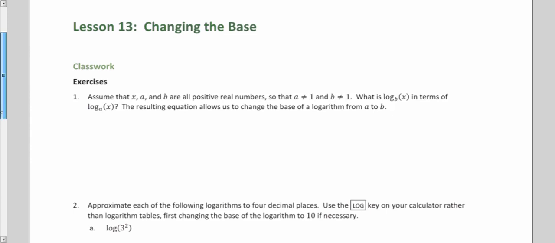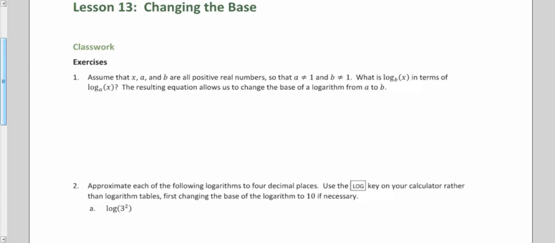All right, we're going to start with this opening exercise. I'm going to walk you through it because I don't think we're to the point where we're able to prove formulas yet. Let's assume the letters X, A, and B are all positive real numbers. And let's set another couple of constraints.